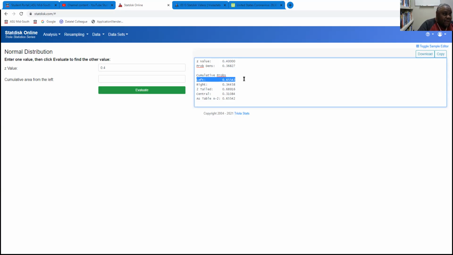And in this case, we round to 4 decimal places, so it'll be 0.6554. Okay. Because it says less than, we have to look at the cumulative probability on the left, which is this, 0.6554.